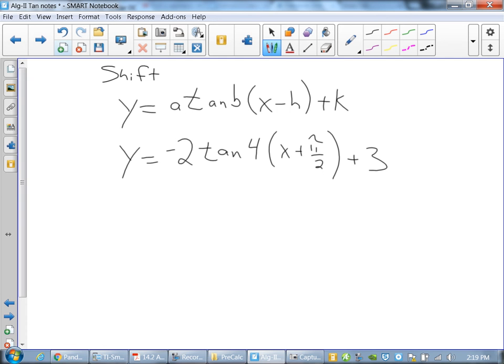Negative 2 tangent 4 of the quantity x plus pi over 2, all plus 3. So, what do you think we're going to do first? A, B, okay. Subtract 3, yes. Subtract 3 divided by negative 2.